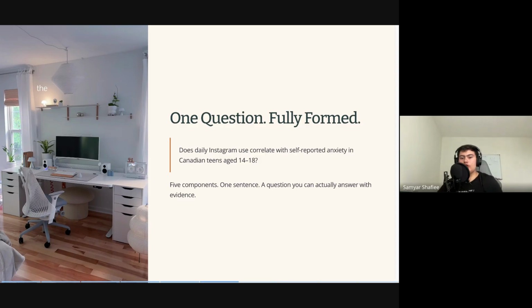Now, correlate. I want you guys to understand something. Just because something correlates with something doesn't mean that it causes something. Most of us have heard the saying that correlation does not equal causation.